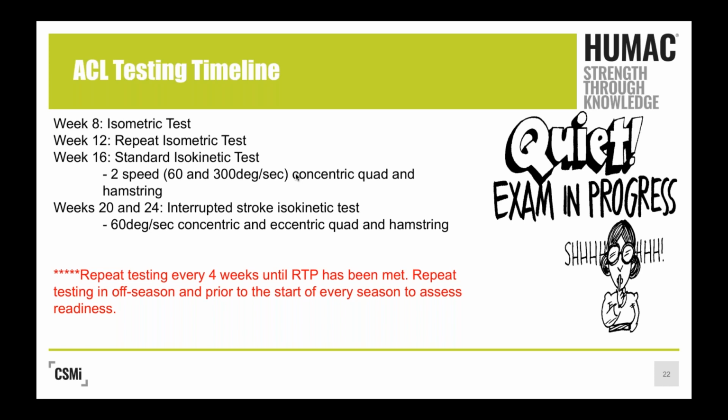I don't like to do the triple hop testing until week 20, when they've been doing plyometrics for a month. So you've got to include the function side of it. Absolutely, you've got to include the subjective scales, whether that's the Lower Extremity Functional Scale or another one, and that is what you base your return to play on.